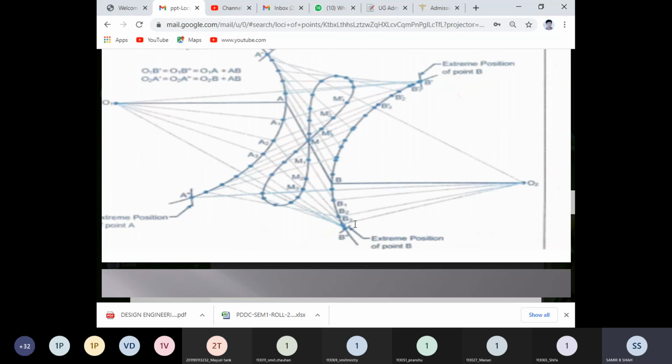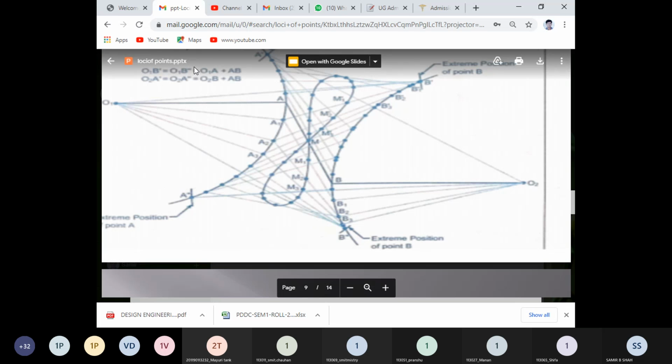After that, B will reverse the direction. This continues until B is matched with B double dash. After that, B will change its direction, even though A will continue through A double dash. At A double dash, A will reverse the direction, forcing B to move further towards B dash.